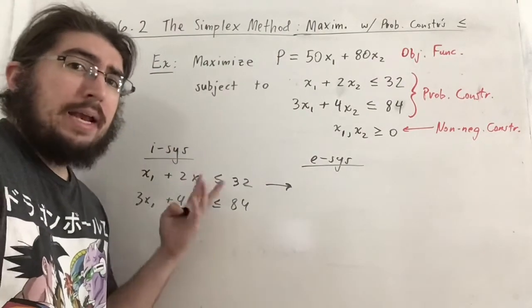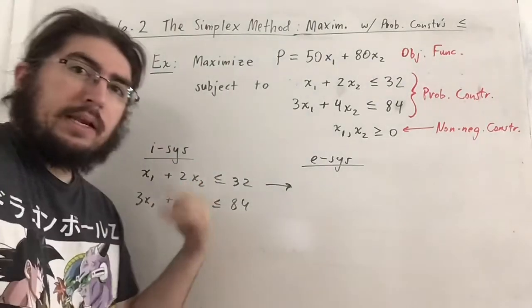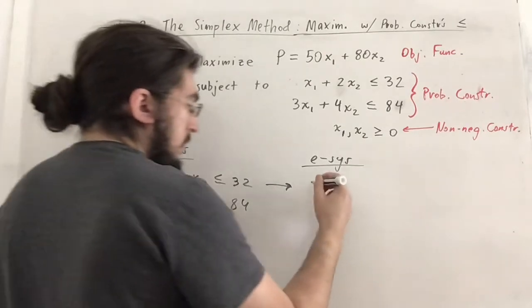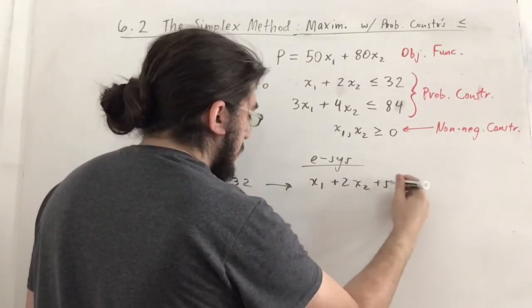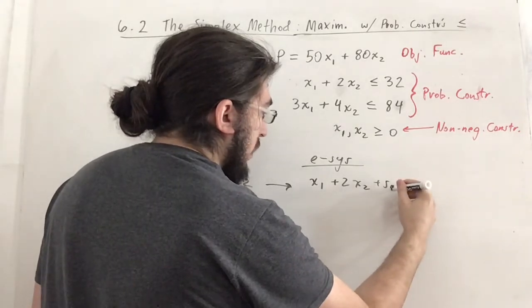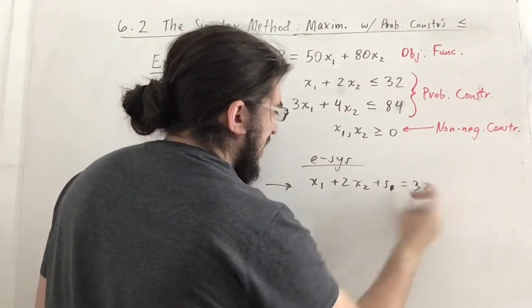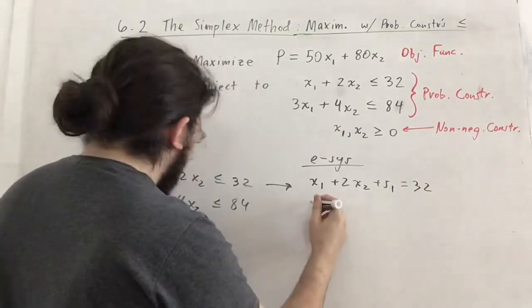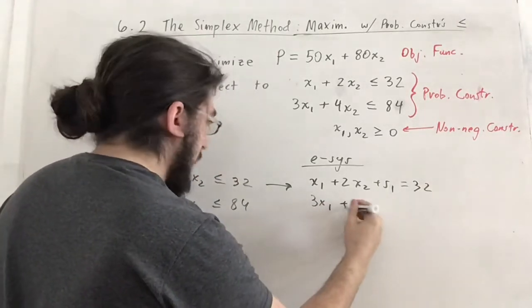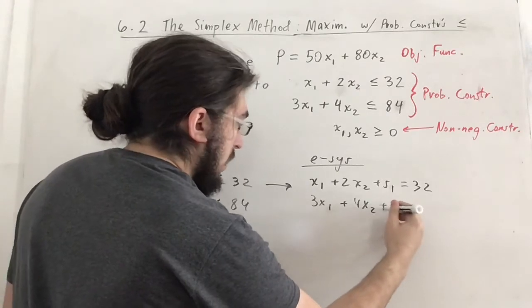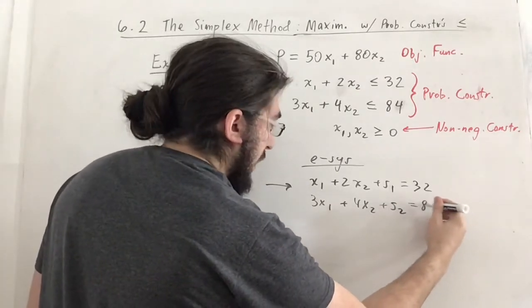Basically, you just add these things to make it equality, and they were called slack variables. So let's add S1 to the first equation to make this equality, and then add S2 to the second equation to make this equality, just like this.